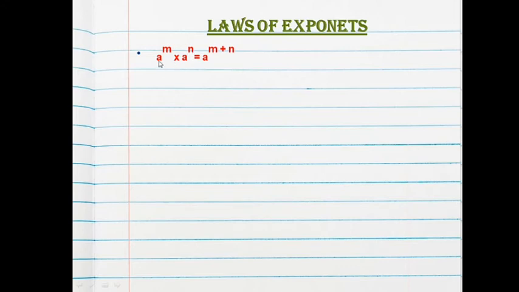So when the bases are equal and exponents are different and it is given in the form of multiplication, that time we have to add the exponents of a given base. So it will be a raised to the power m plus n. So here base is a and exponent is m plus n, where we have to perform the addition between these two exponents. So this is the first law.